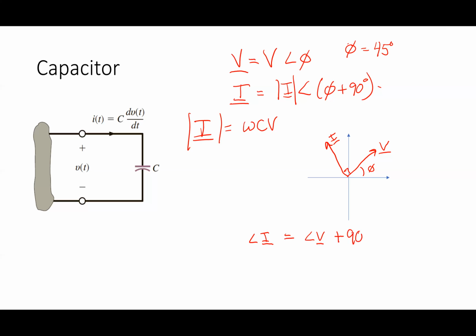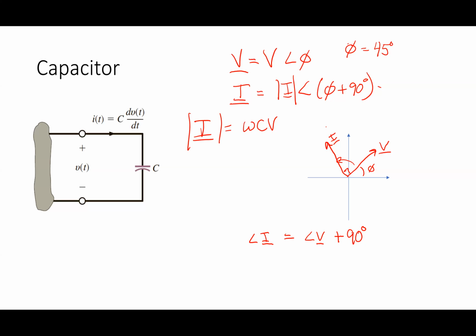And in particular, the angle of the current is 90 degrees ahead of the angle of the voltage. You guys see that? In other words, I added 90 degrees to the angle of the voltage. So if the angle of the voltage is 45 degrees, the current is at 135 degrees.